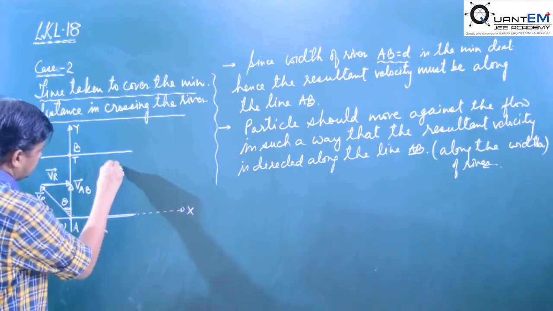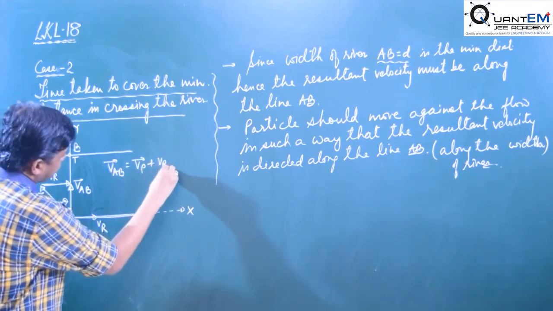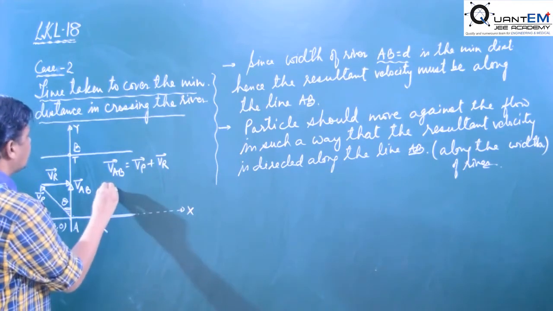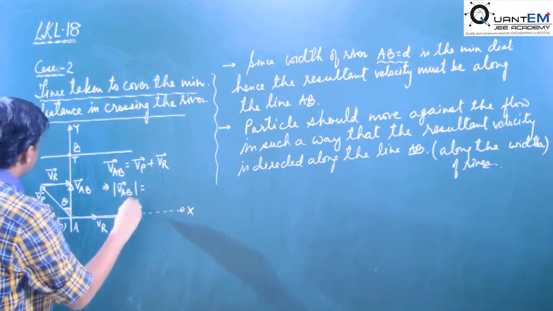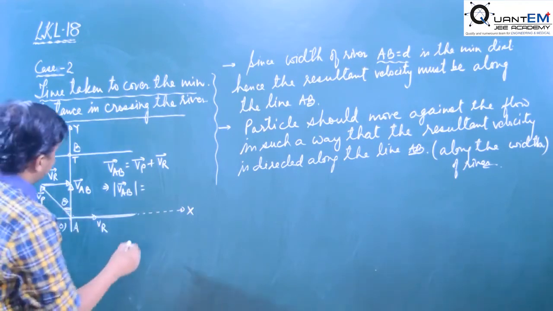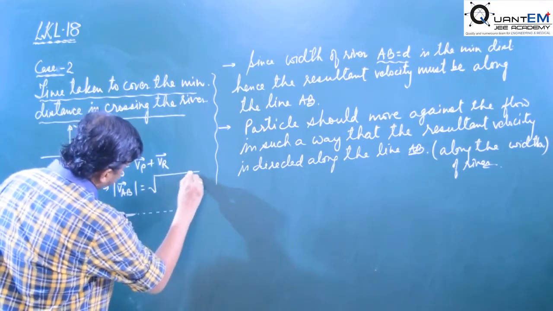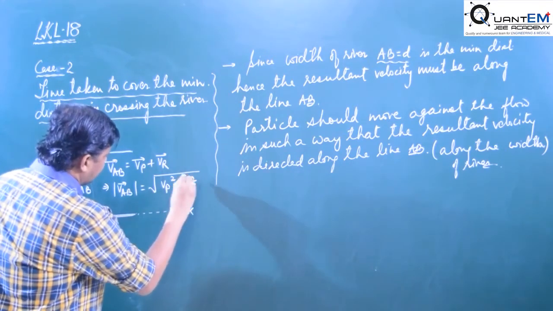So what is the value of VAB? The vector value is VP plus VR. And what will be the magnitude of the velocity here? Stated VP is greater than VR. Using the Pythagoras theorem, you will get the result: under root VP square minus VR square.